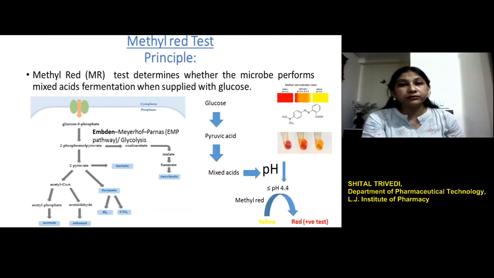So that is all about the indole test, and now let's see the next test, that is the methyl red test. This test determines whether the organisms are able to produce mixed acids from glucose or not.